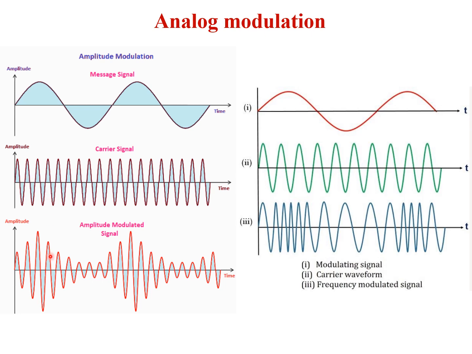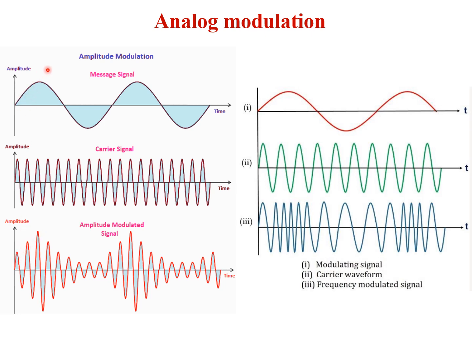According to the concept of analog amplitude modulation, the amplitude of the carrier signal varies according to the instantaneous value of the message signal. As the amplitude of the message signal increases, the carrier amplitude increases.